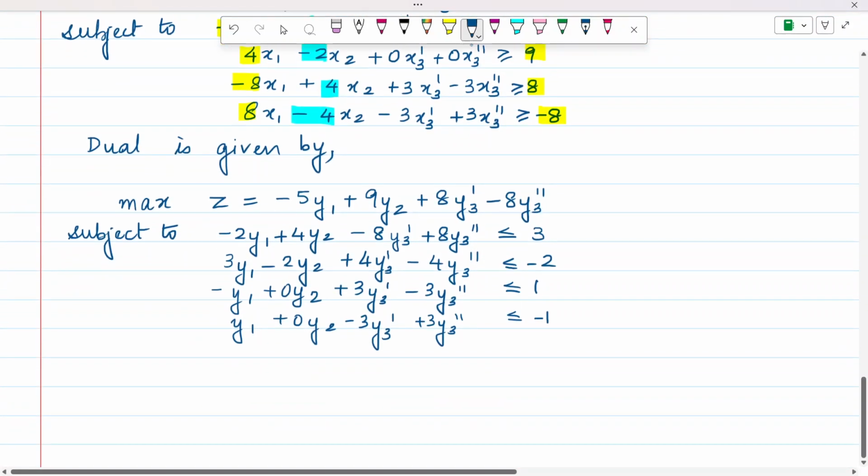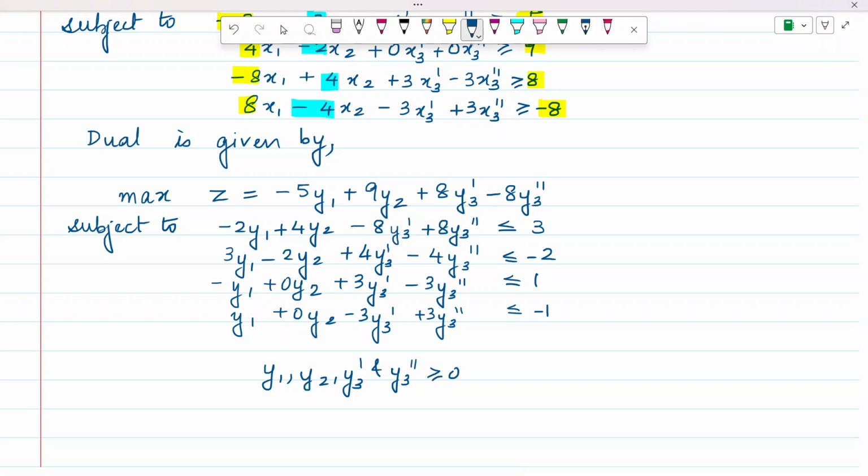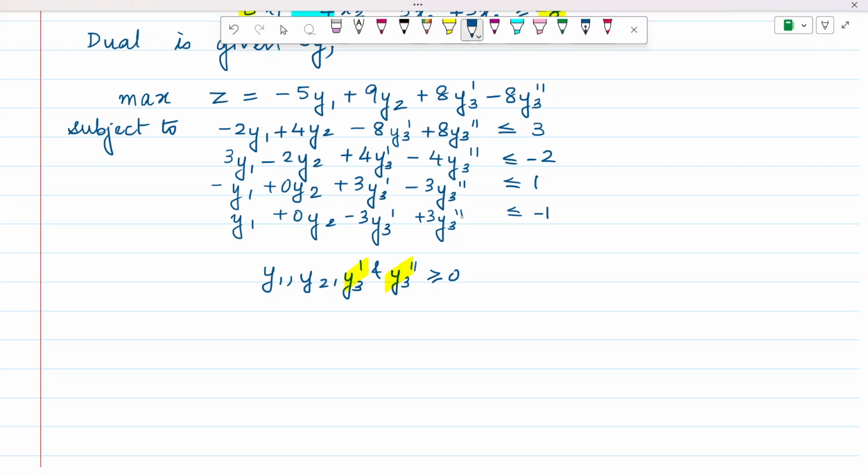If you remember, we first write down y1, y2, y3 prime, and y3 double prime. All of them are greater than or equal to 0. Like the last sum again, y3 prime minus y3 double prime will be replaced by y3, where y3 will become unrestricted.